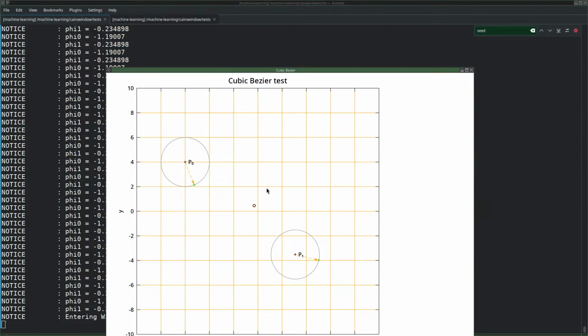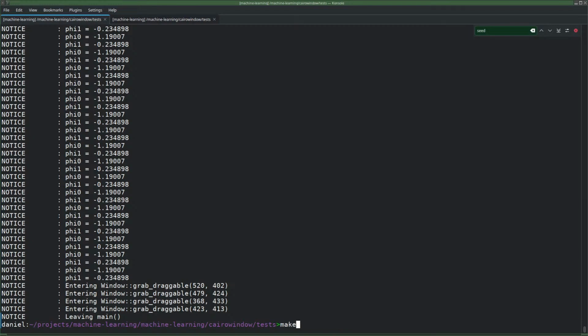Yeah, got a no label, and it's a circle for some reason.